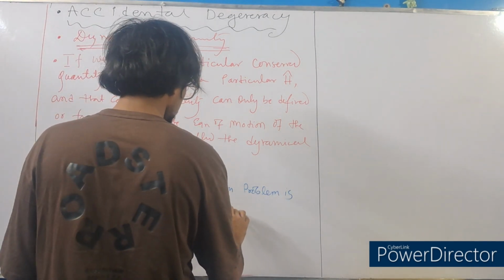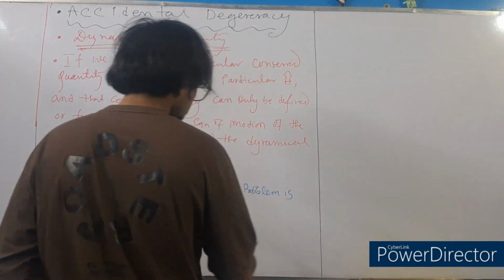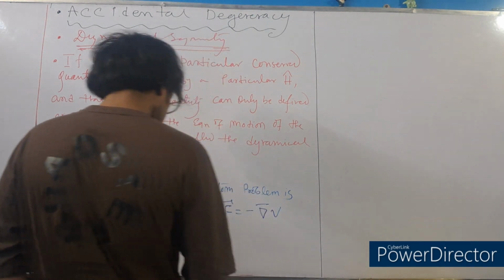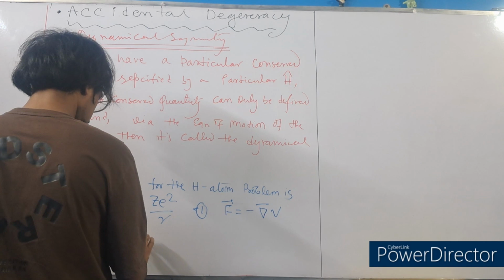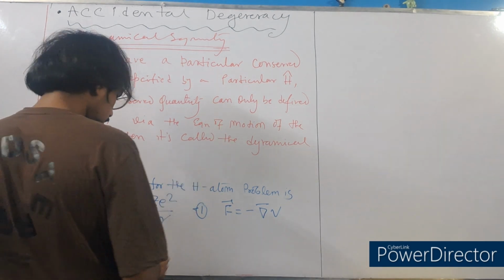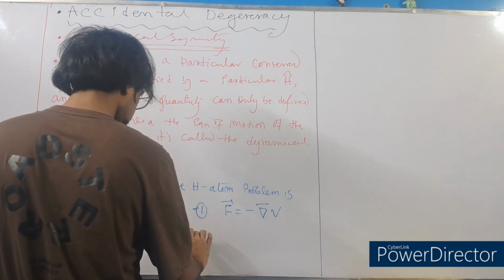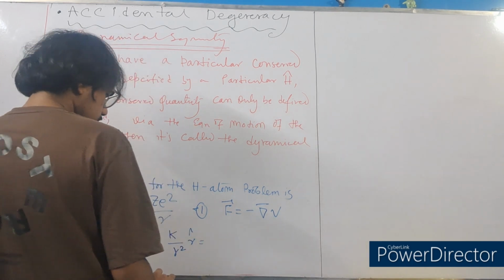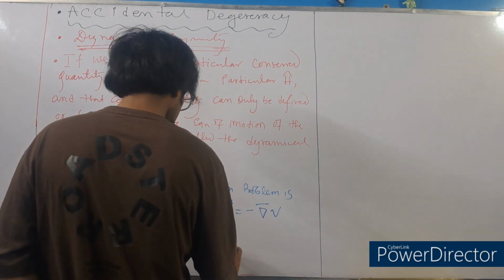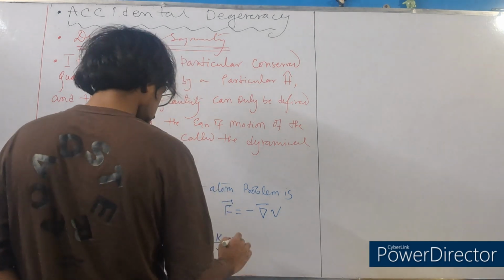The force due to this potential will be minus del V by del r, or minus grad V. I will replace this Z square with a K, so it will be minus K by r square, r cap. This r cap will be r vector by r, so it is minus K by r cube times r vector. This is my force.